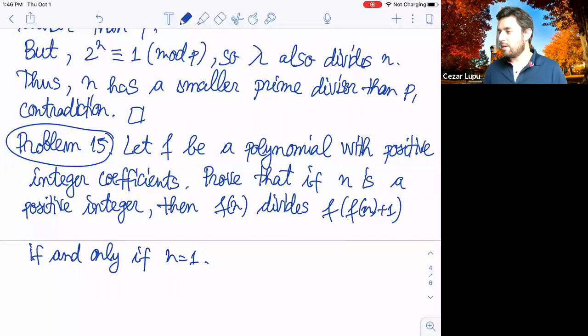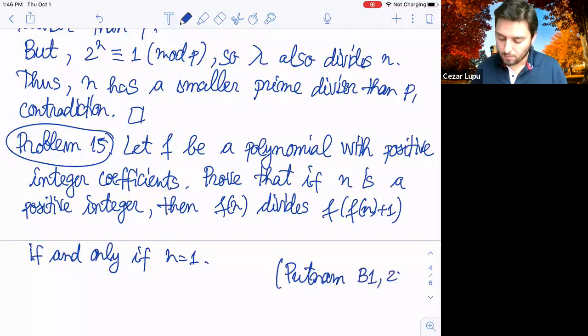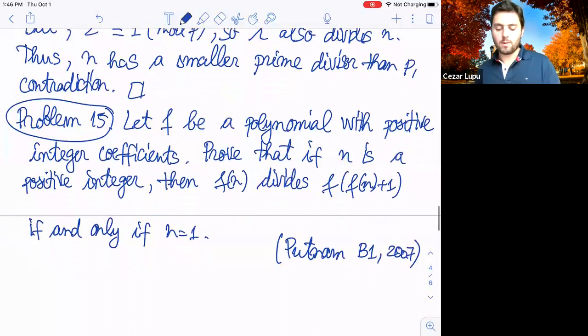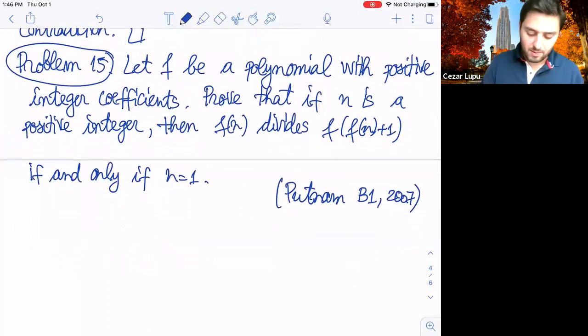So this was Putnam B1 2007. All right. This is easier than you think.